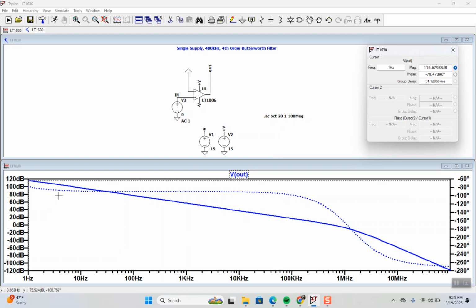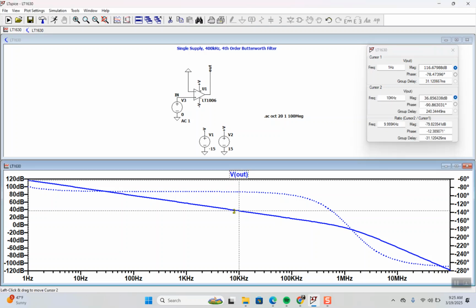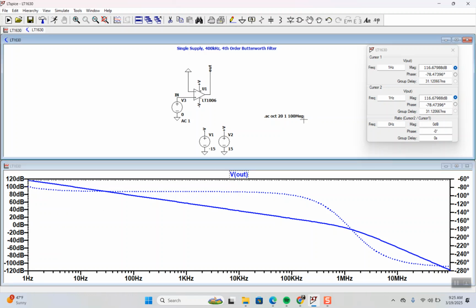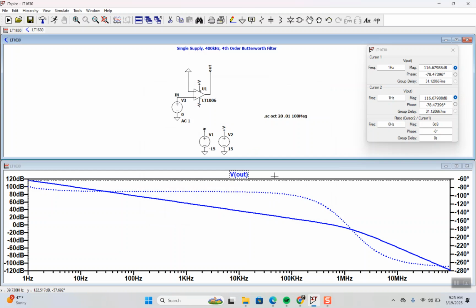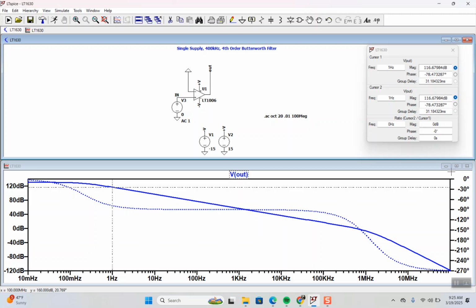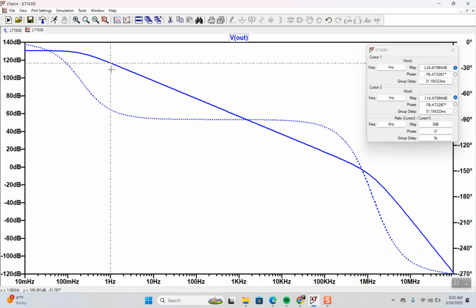But notice the phase here is very flat in this region, right? And really, 1 hertz isn't really DC. So the fact that it hasn't leveled out is really just because I'm going too fast. Here we go. Right?